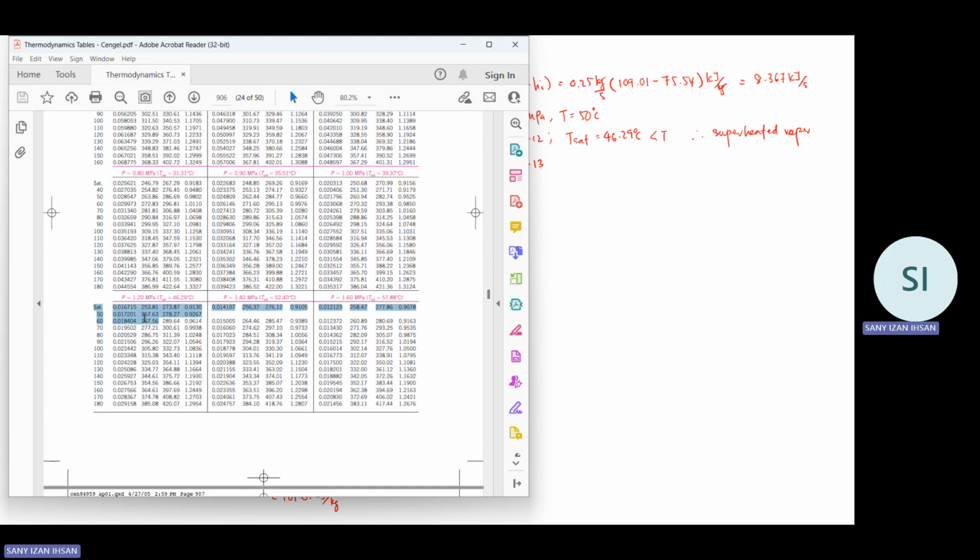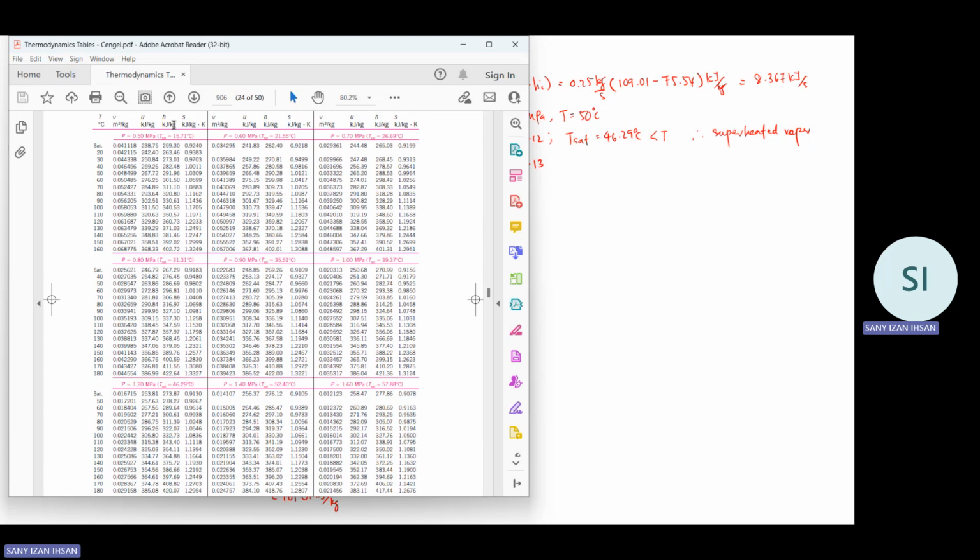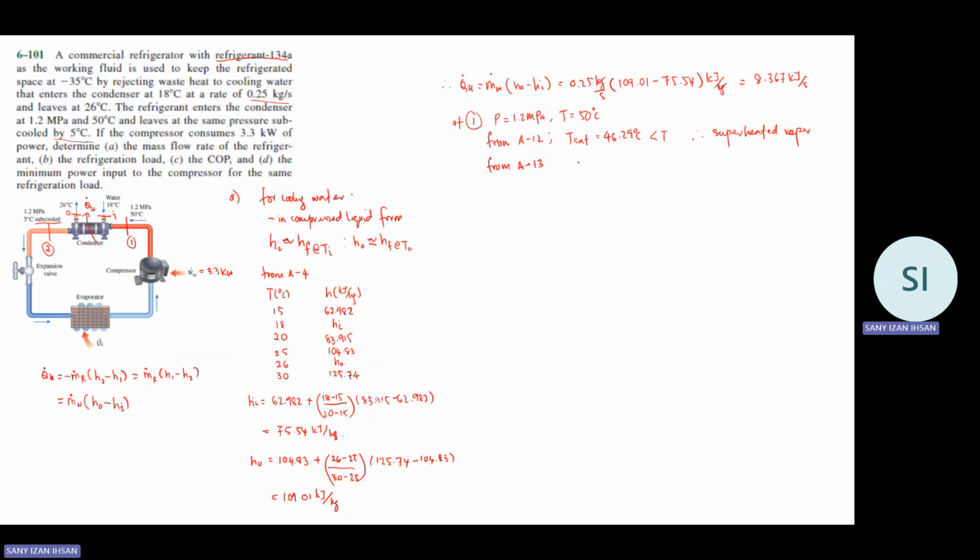It is there, 50. From 50, your H is in this column, 278.27. So we can simply take H1 equals 278.27 kilojoule per kilogram.